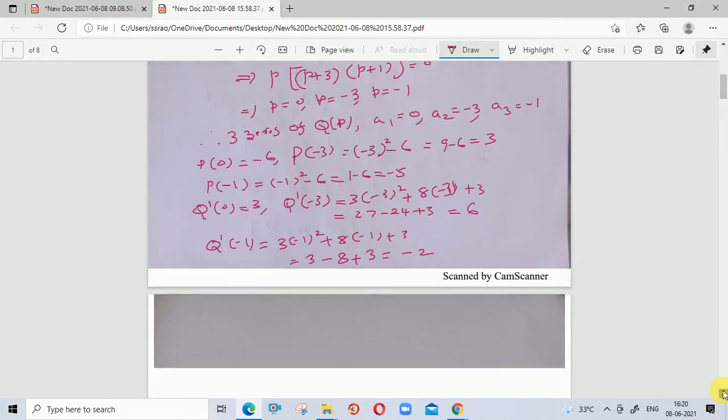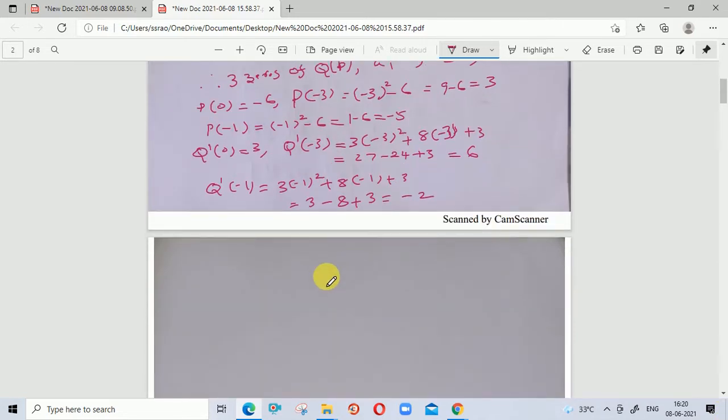Next, by Heaviside expansion theorem, మనం ఏం రాస్తాం?